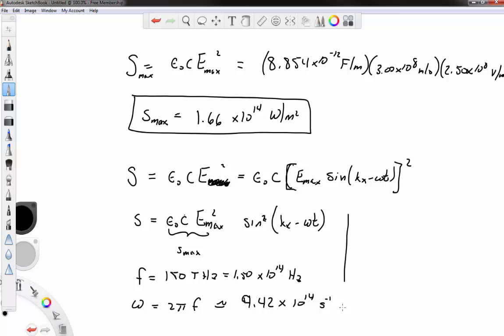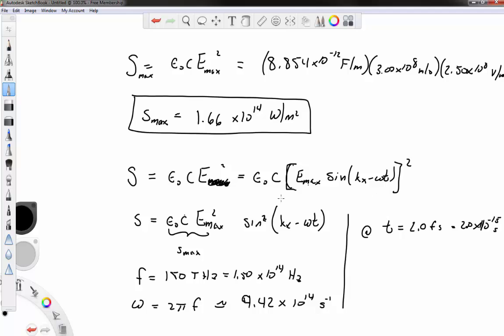Okay, and so we're asked at time t equals 2.0 femtoseconds, that's the same as 2.0 times 10 to the minus 15 seconds, after the first peak, what happens?